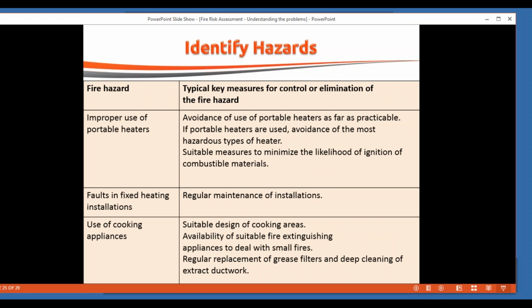And so you would carry on and go through the building in this sort of process, identifying some of the hazards, looking to see what's there. A lot of it is going to be about using suitable material, suitable equipment, maintaining it. So simple sort of things might be if you come across a lot of the old 3-bar electrical fire or the modern halogen heaters.